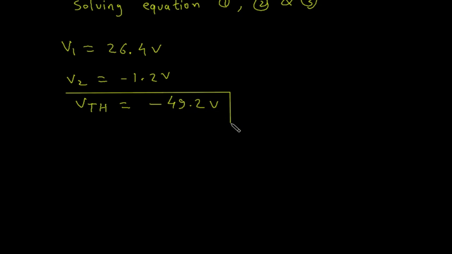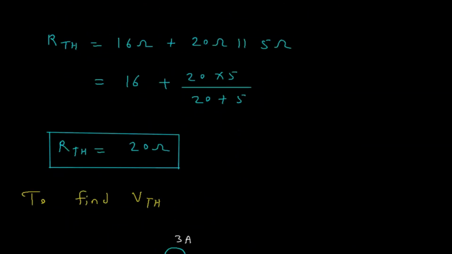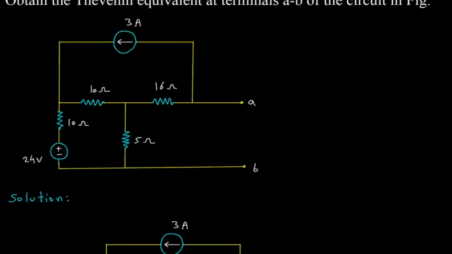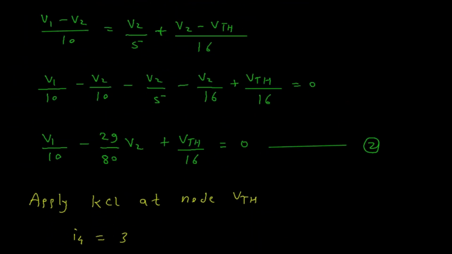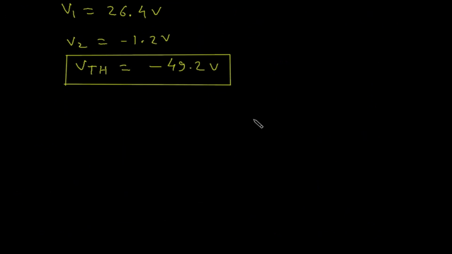Now we have the value of VTH and RTH. What we have to find is the Thevenin equivalent at terminals AB of the circuit. So its Thevenin equivalent circuit will be RTH in series with VTH. This will be plus, this will be minus.